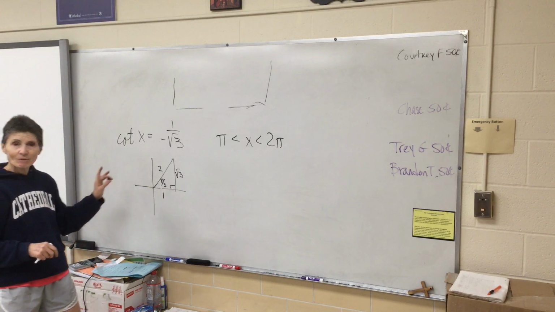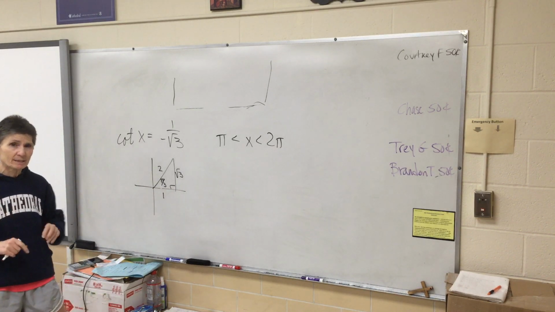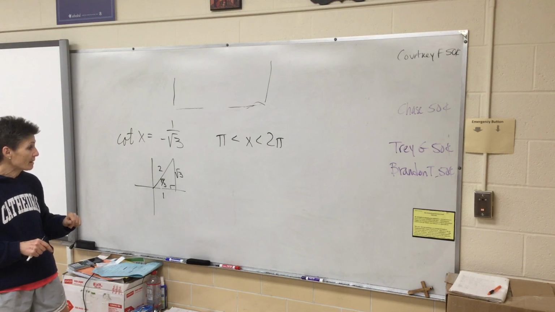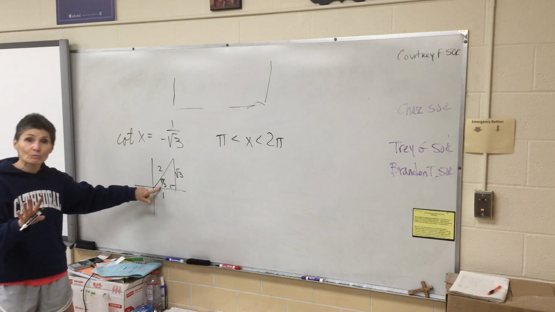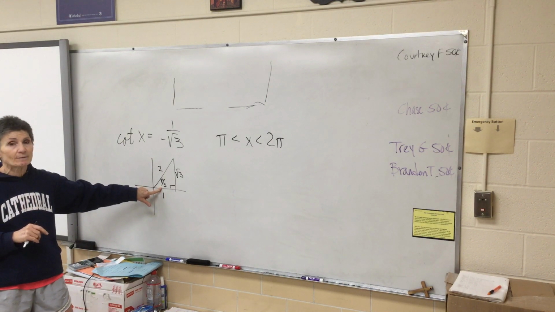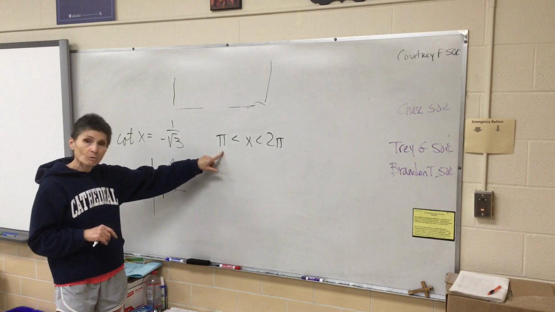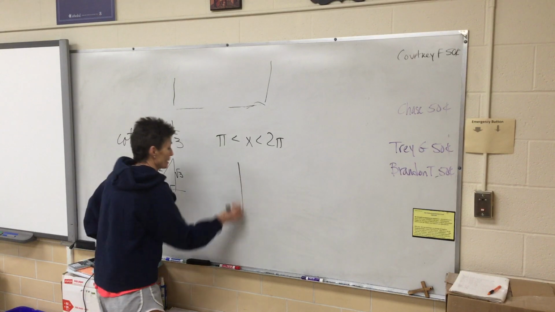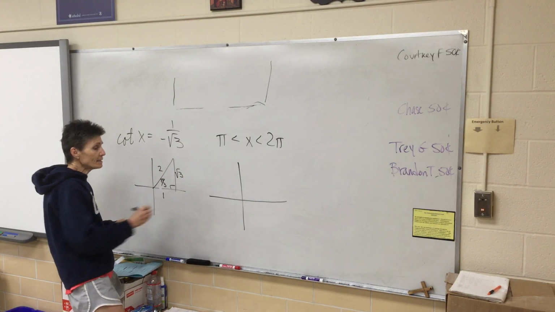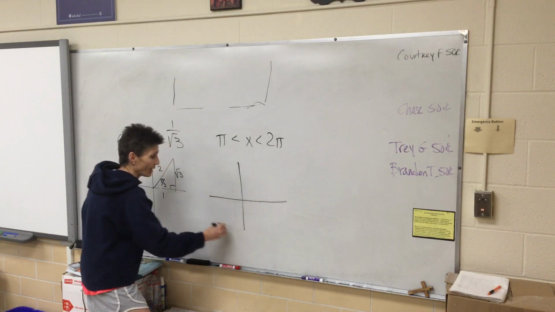Now, you may have all that stuff memorized. I really don't. I figure it out each time. But we need to get a pi over 3 angle. So our angle this time is pi over 3. Okay? Now, let's start with our domain. This time, our domain is pi to 2 pi.